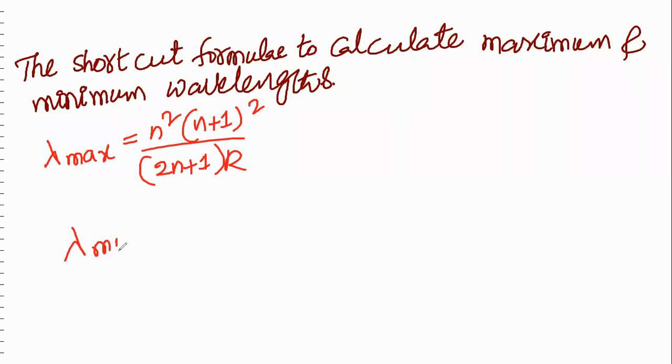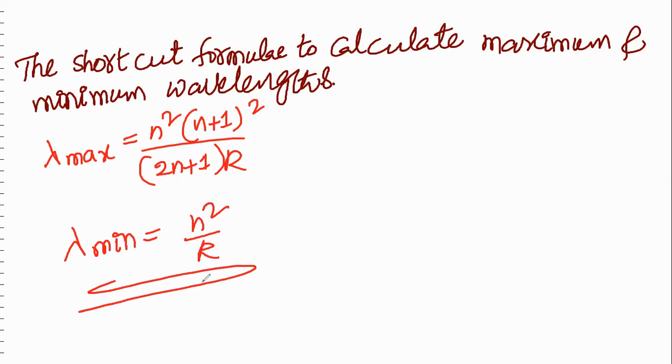For minimum wavelength, lambda minimum is equal to n square divided by R. Like this we will take.